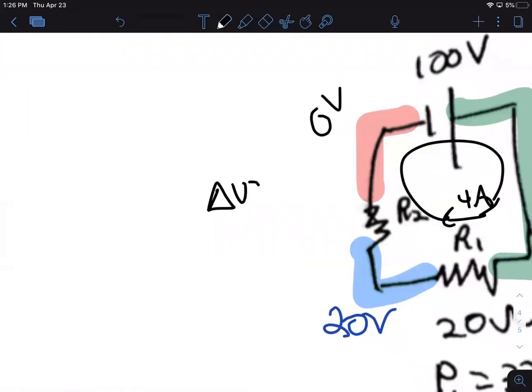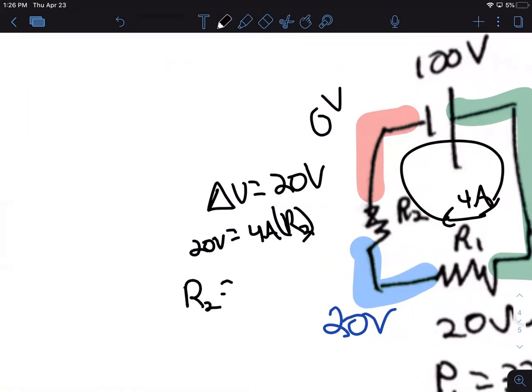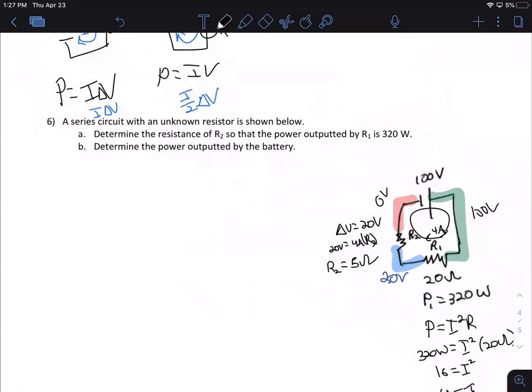Delta V for this resistor is 20 volts. The current is 4 amps. So 20 volts, delta V equals I R. R2 has to be 5 ohms. Okay, cool.